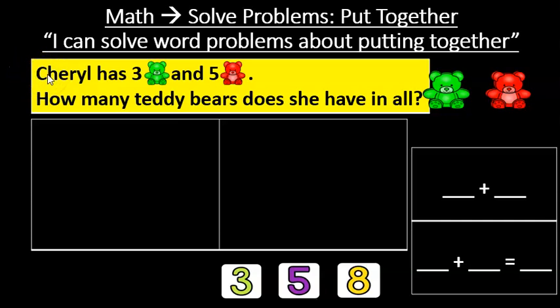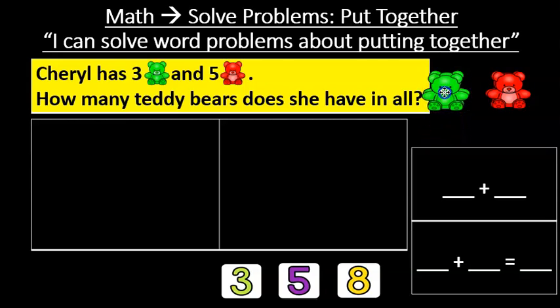Let's reread it. Cheryl has 3 green teddy bears. Now before we move on, boys and girls, how many green teddy bears does Cheryl have? 3. Good job. So watch what I'm going to do.